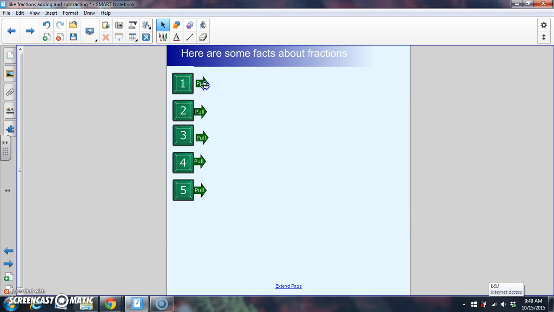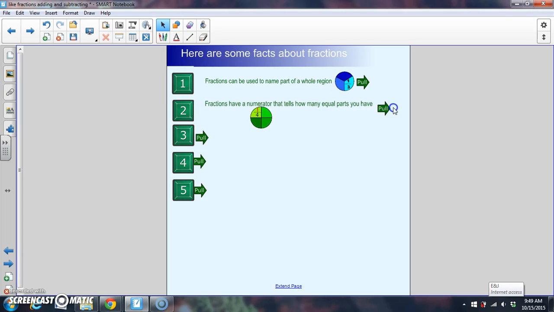Some other things you may have written down are that fractions can be used to name part of a whole region. Perhaps you wrote about the numerator, how many equal parts you have, or the denominator, as we just discussed.